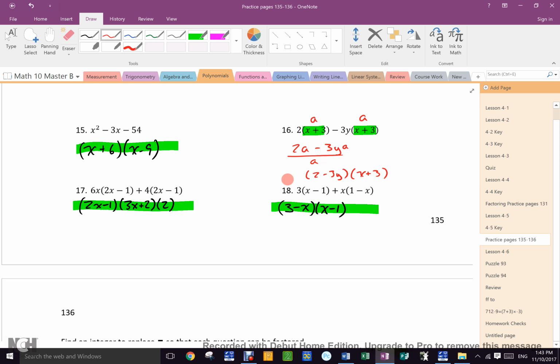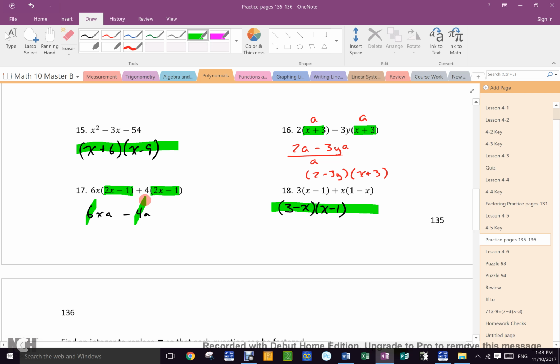Chloe has 17. Exact same as 16, kind of. What do you notice about that and that? They're the same. So isn't this 6xa minus 4a? Is everybody okay with that? Now, wait. What do you notice about 6 and 4?